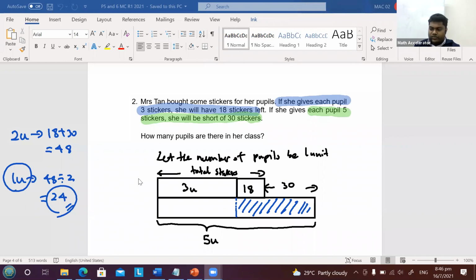Okay, so now we're done with strategy number 2. Let's go to the higher order questions. The two of them. Okay, so can I move to the next question? You all need time to draw the model. Okay, quickly draw it.